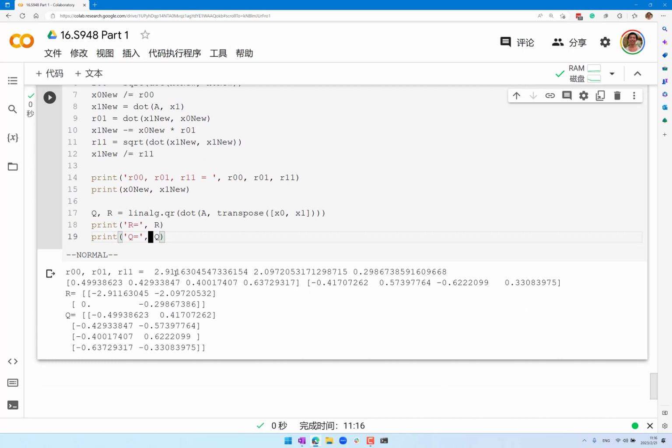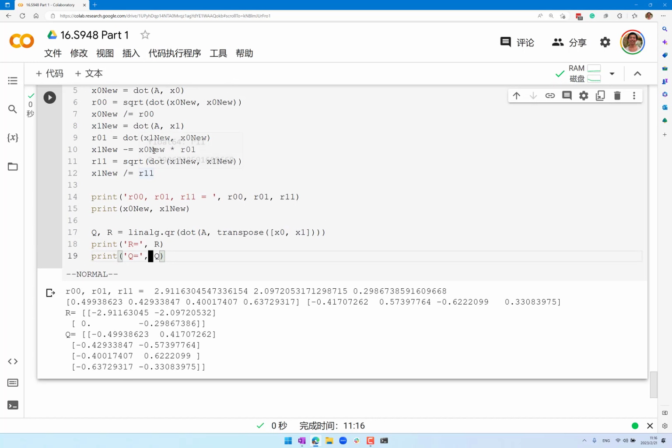All right, so let's take a look at the correspondence between these two procedures. The first procedure is the Gram-Schmidt orthonormalization. We get the three numbers R00, R01, and R11. Look at the correspondence between these three numbers and the upper triangular matrix we get through the QR factorization. Other than the minus sign, they are exactly the same.